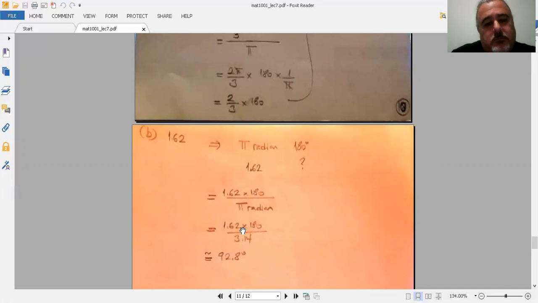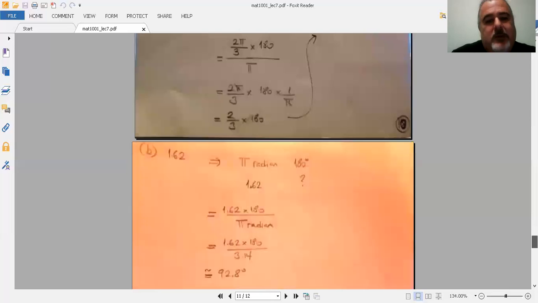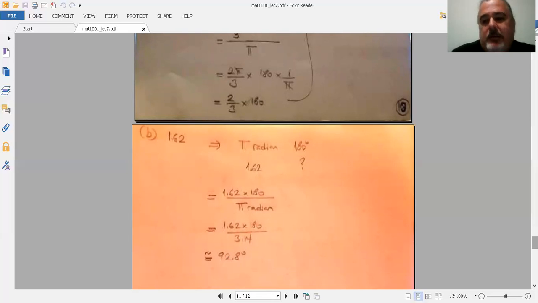So 1.62 multiplied by 180 over 3.14 will be 92.8 degrees. As you see, we can easily convert the measurement to degrees or degrees to measurements in a circle by using this small formula.